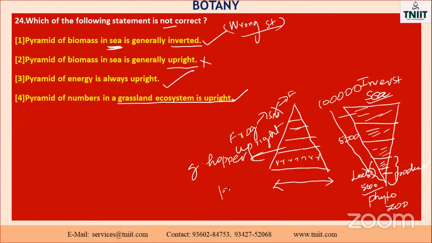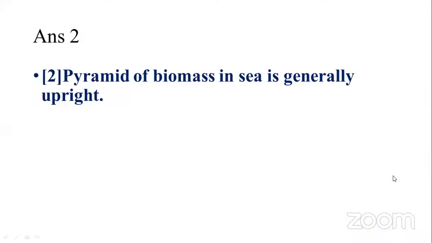The producer always has a high number. But in the case of C, it will be in a reversed manner. Here the consumer is high, the producer is very few. So that's why the answer is the second one. The pyramid of biomass in the sea is generally upright is a wrong statement. It is inverted only.